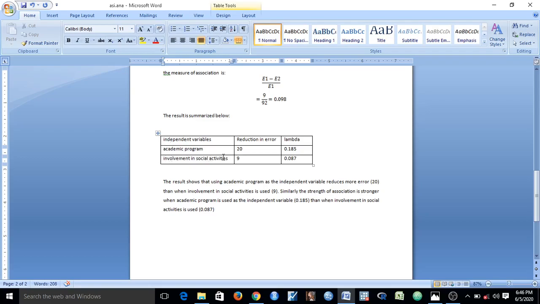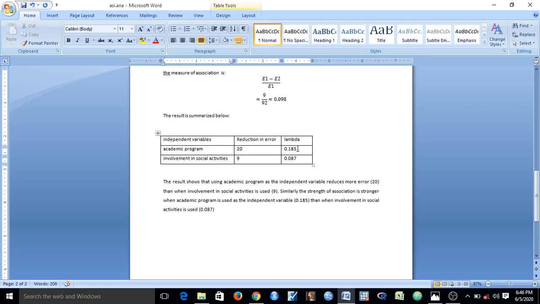When involvement in social activities is the independent variable, we have a reduction in error of 9 and a lambda of 0.098. So this means that we have a higher reduction in error when academic program is the independent variable.